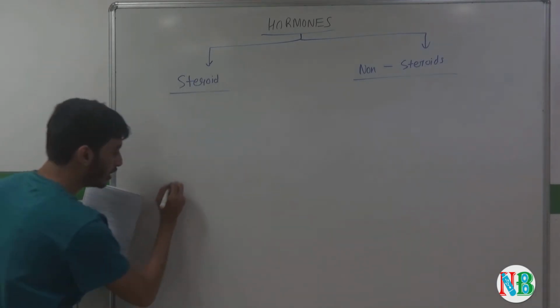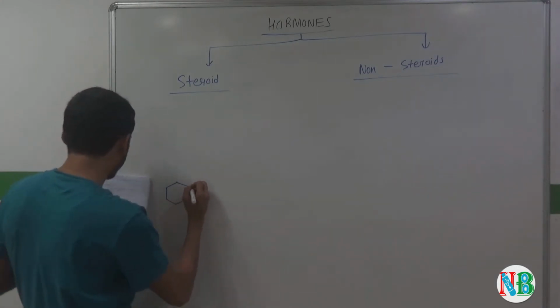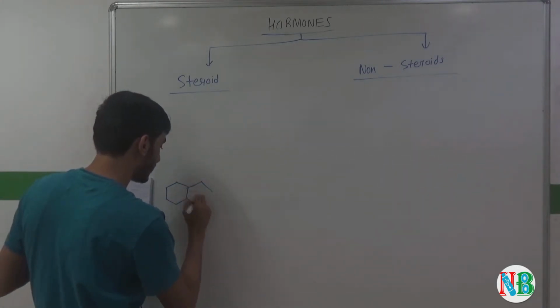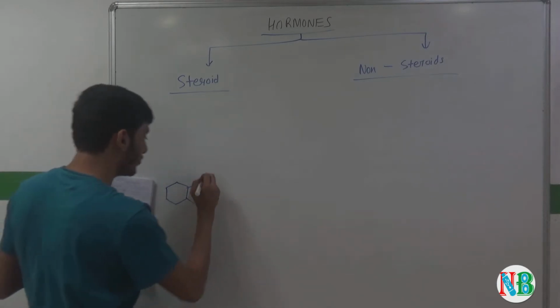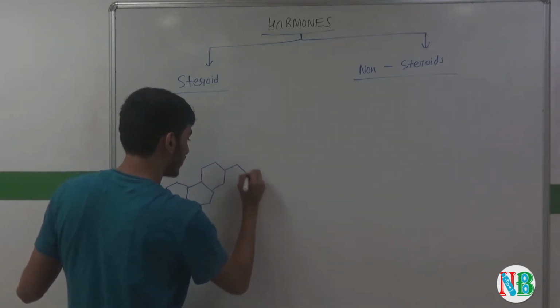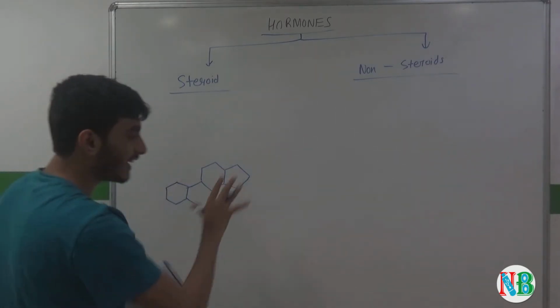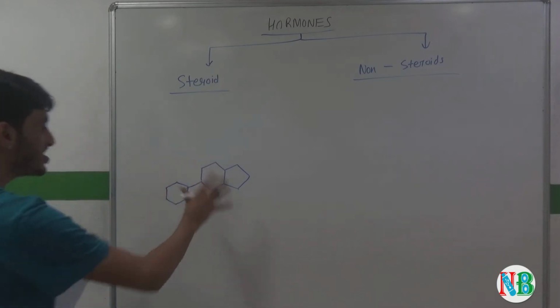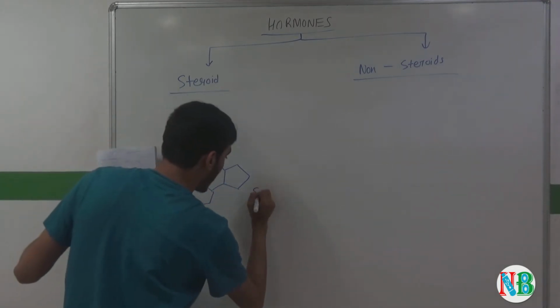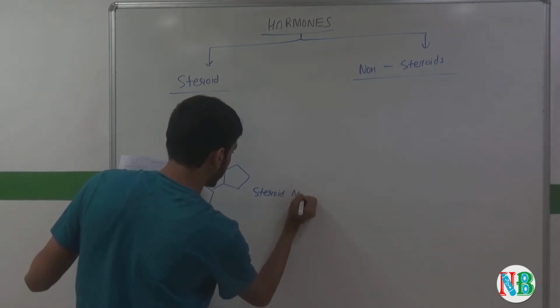There are some molecules having 6-member rings which look like this: 1 ring, 2 ring, 3 ring and 4 ring. These kinds of ring-like structures which are joined to each other are known as steroid molecules.